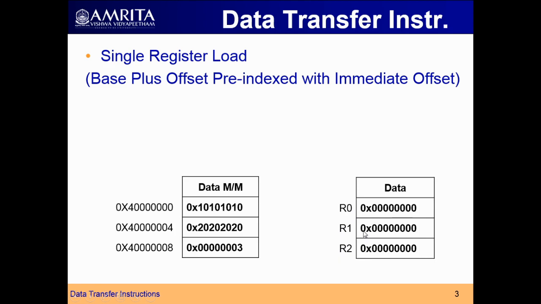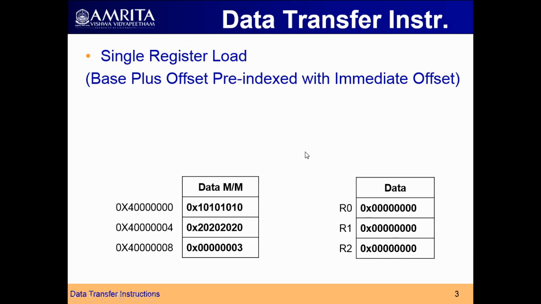These are the contents available in these registers. By default, all the registers will have 0 as the data. So this is a data memory with the corresponding memory addresses, and this is a register bank with the corresponding data stored in it.